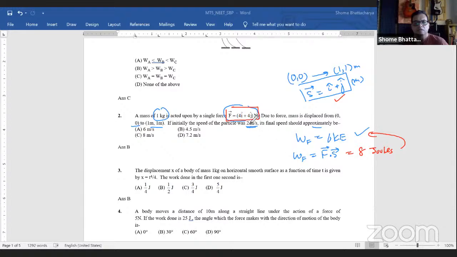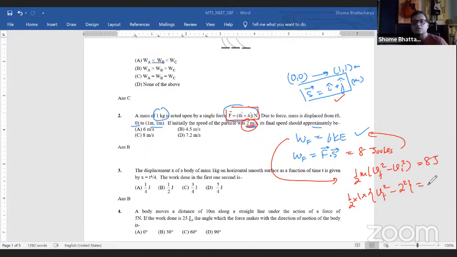Okay. Initially, the speed of the particle was 2 meters per second and its mass is 1 kg. So half m into final speed square minus initial speed square is equal to 8 joules. Okay, that's what you get when you apply the work energy theorem. So 1 kg into final speed square minus initial speed square, which is given to us as 2 meters per second, is equal to 8. Okay.